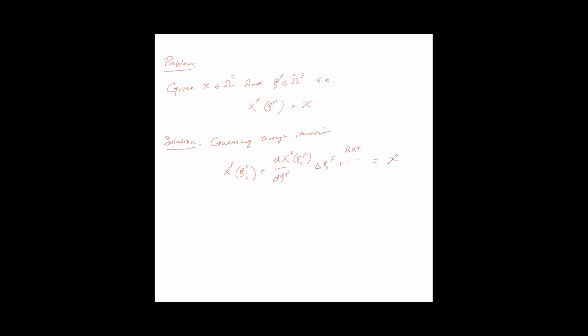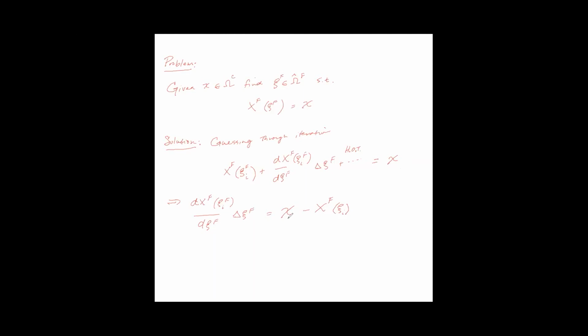Okay, so that's been given. Let's go ahead and subtract this term over. So we get dxf/dxcf times delta xcf is equal to known data minus our current guess.